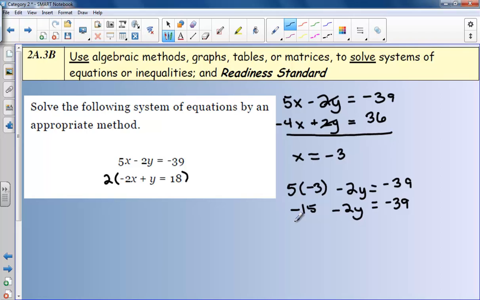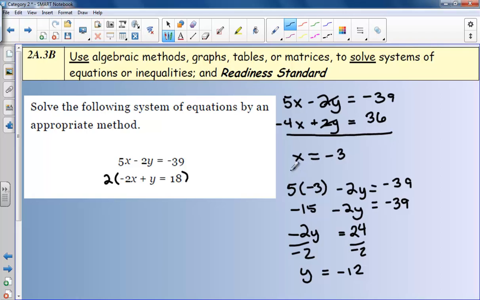Adding 15 to both sides, I get negative 2y equals negative 24. Dividing by negative 2, so y should be 12.